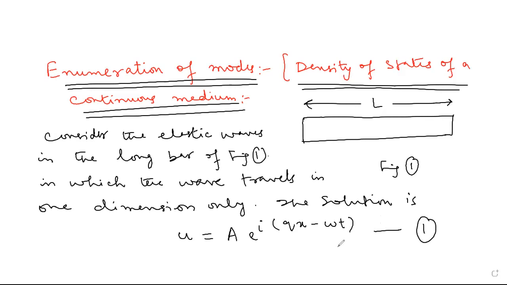You remember the symbols. A is the amplitude of the wave, Q is wave number, omega is angular frequency, X is position, t is time, right? Now for the current discussion, what we do to the solution, we omit the time dependence or temporal factor for the current discussion.